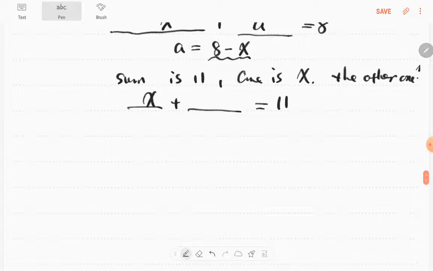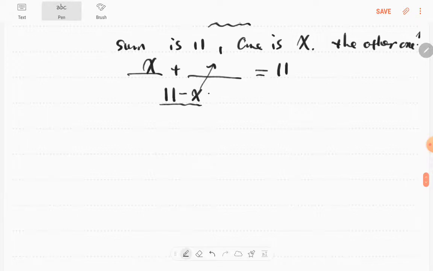How can we get the other one? We know the sum is 11. We only need to use the sum minus one of the numbers, and we can get the other one. So 11 minus x is equal to the second number. Okay, it's kind of like a fact family, you know?